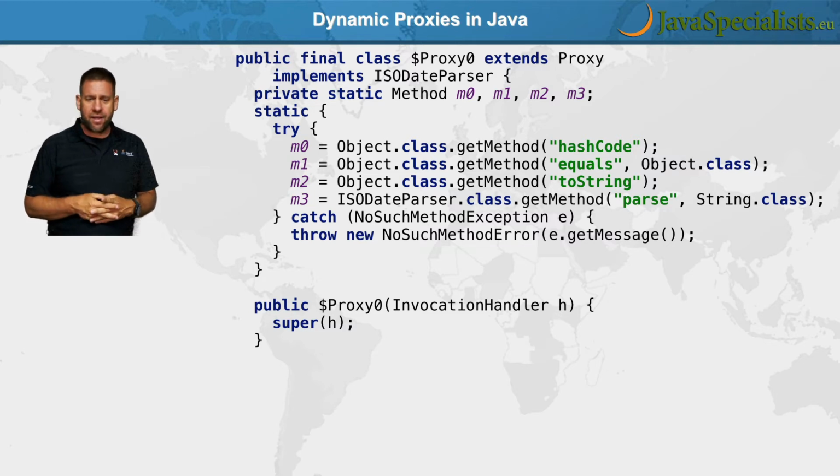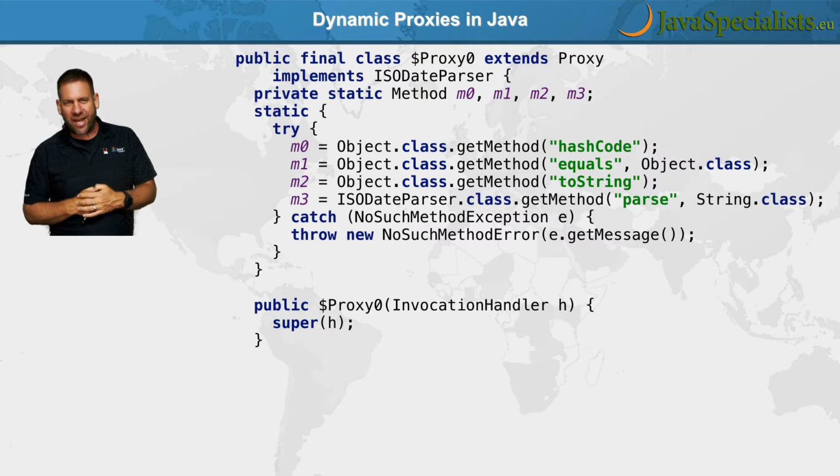Then it contains 4 method fields, java.lang.reflect.Method m0, m1, m2, m3. And it then finds the methods for these classes. I think internally it actually does Class.forName, but with the current class loader, I guess.